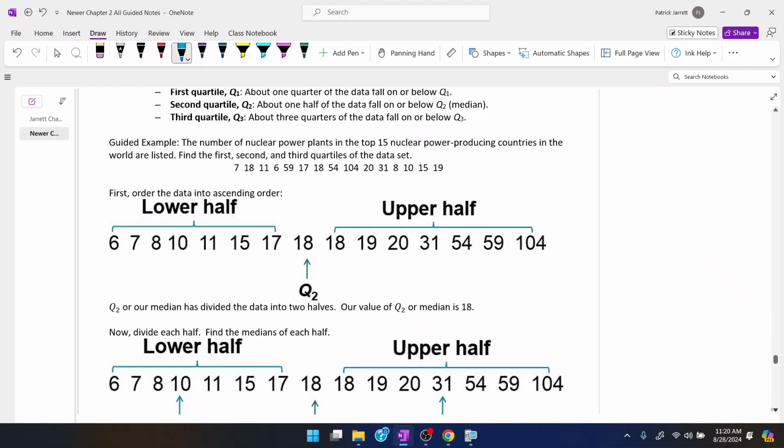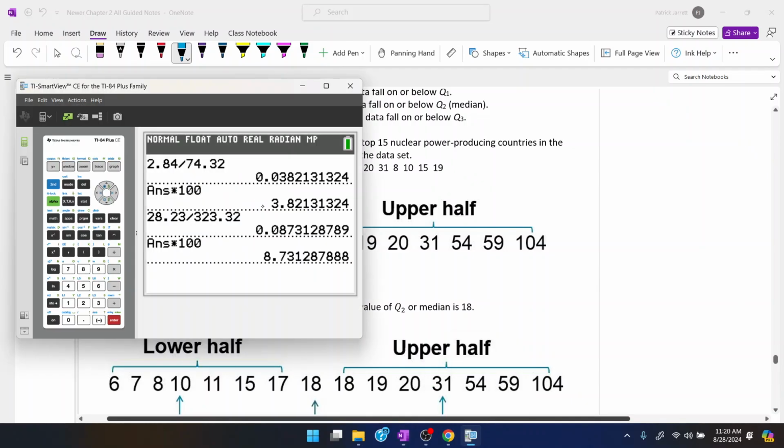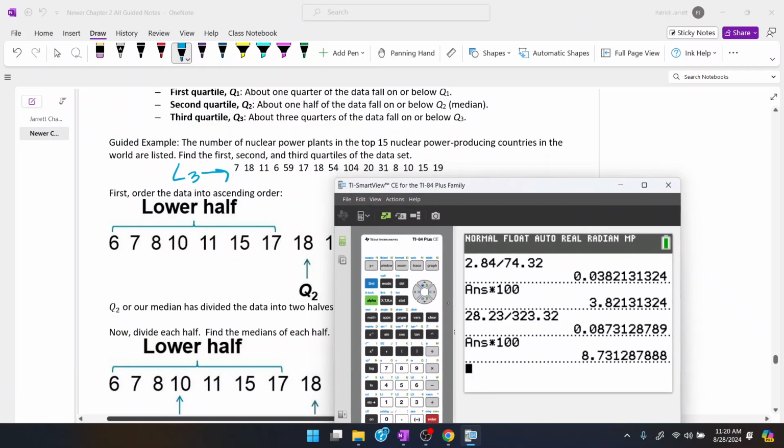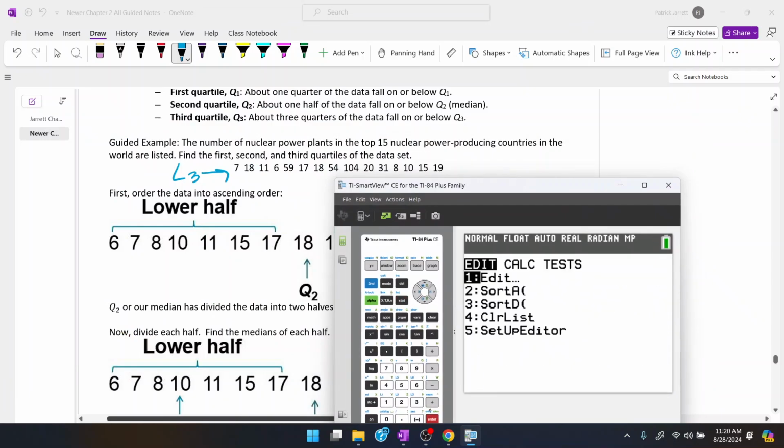This is more of an explanation of where we get our quartiles from, but we're also going to check it all against our calculator. So here's what I want you to do. I want you to put these into list 3, ordered or not. Actually, I'm going to put them in list 3 unordered.